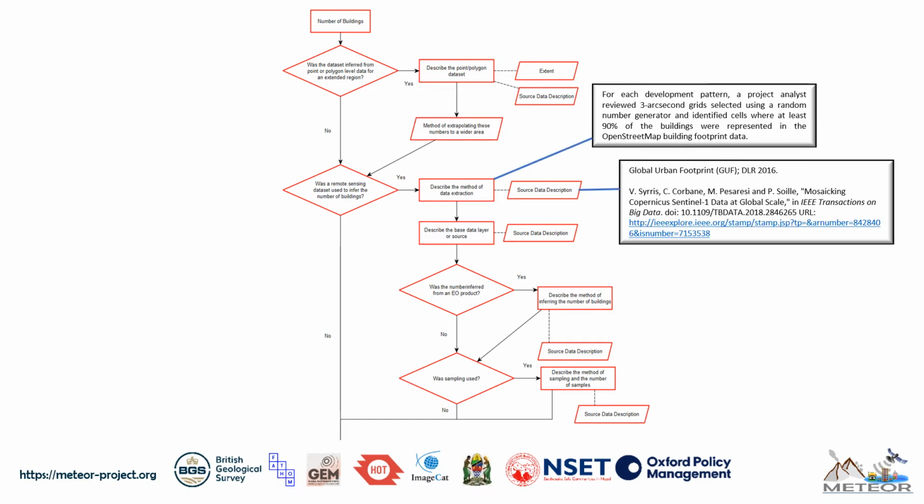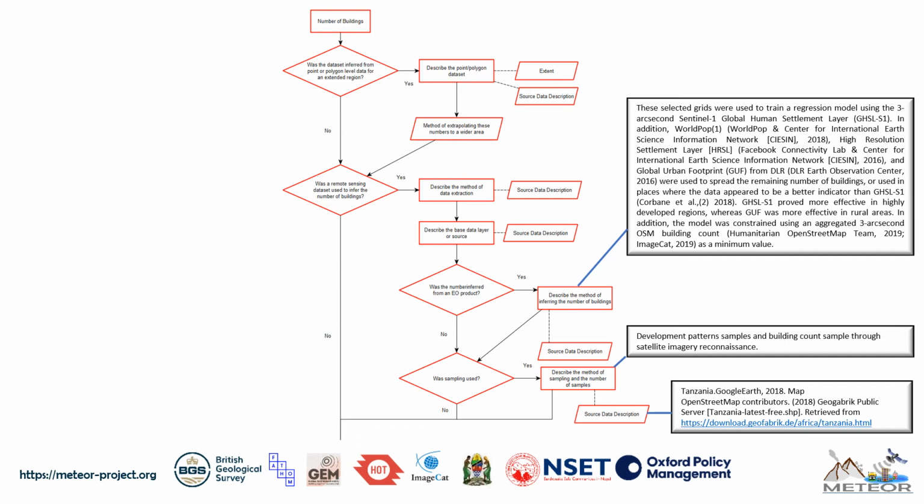For each development pattern, a project analyst reviews 3 arcsecond grids selected using a random number generator and identifies cells where at least 90% of the buildings were represented in the OpenStreetMap database. The selected grids were used to train a regression model using a 3 arcsecond Sentinel-1 Global Human Settlement Layer, or GHSL S1.